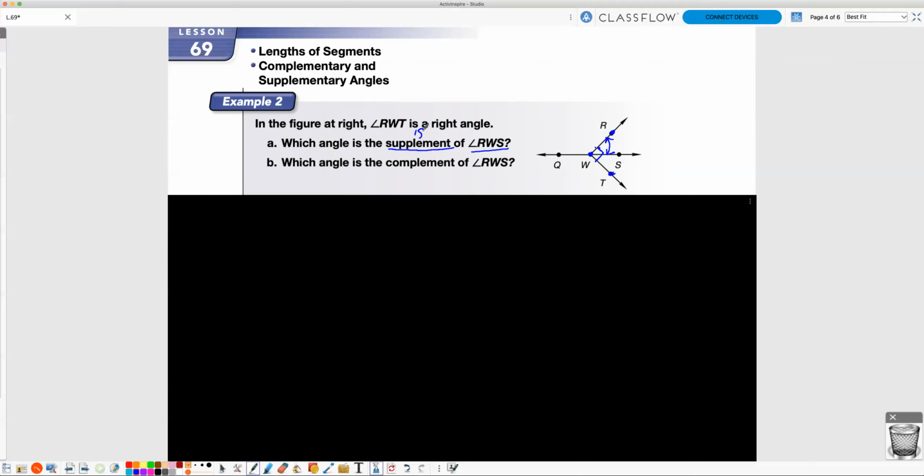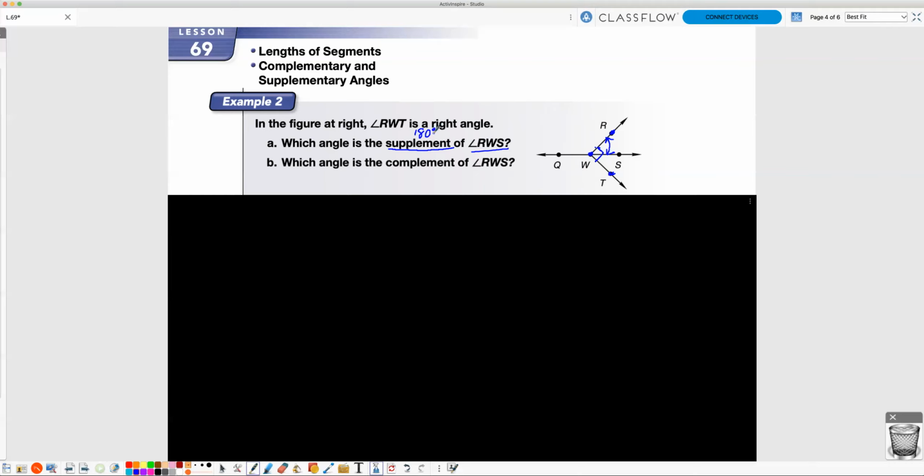And remember, supplement means it has to add up to 180 degrees. So if 180 degrees is what it has to be, you have to look at it and say, well, if we were to include this point right here, we know that's 90 degrees. That's not a supplement, so we need to add up to 180.